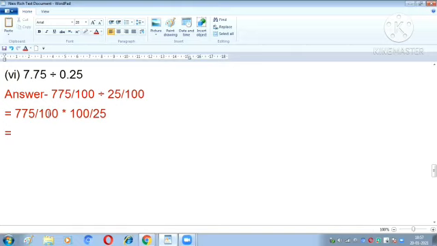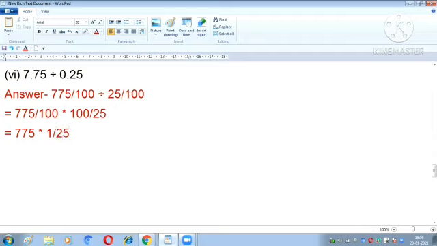Now both 100 and 100 can cancel out, and here 775 divided by 25, that is equal to how much? That is equal to 31. First we will go step by step. So 775 multiplied by 1 upon 25.